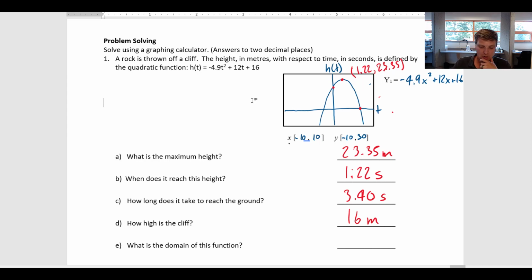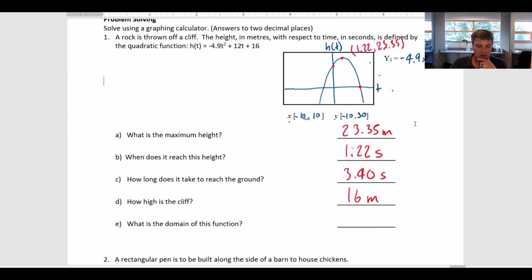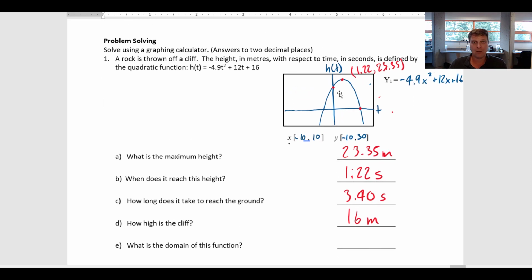And then the last is, what is the domain of this function? Well, this particular parabola of course goes on forever, but this refers to a specific event. This graph only really makes sense from time equal to 0 up until the time that the rock hits the ground. Obviously, there's no real negative time. The rock wasn't doing anything, and after it hits the ground, it's going to come to a stop.